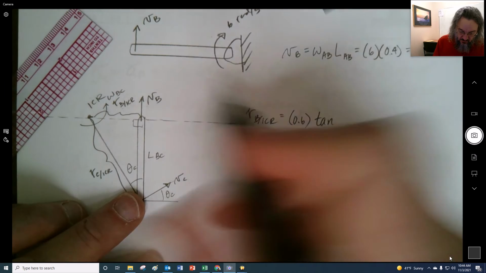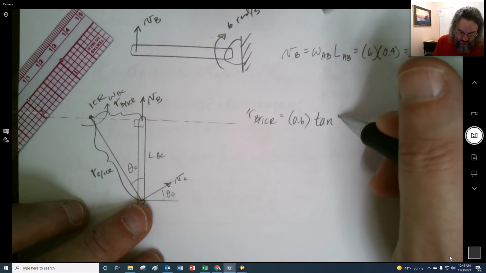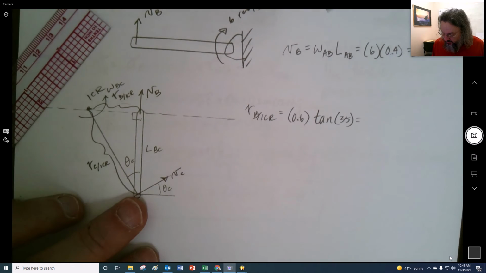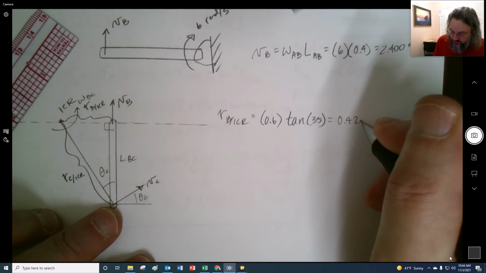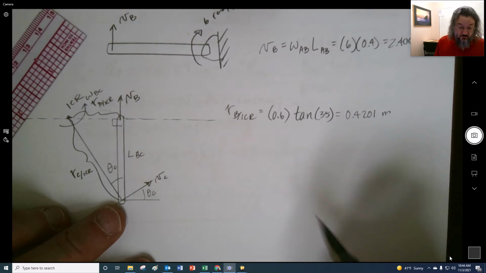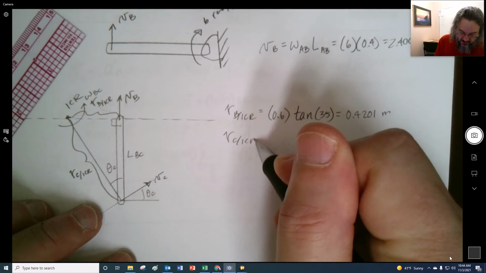Because that's rise over run. We want the rise. We know the run. We just multiply the run by this. And so we get 35, take the tangent, 0.6 times, and we get 0.4201 meters.